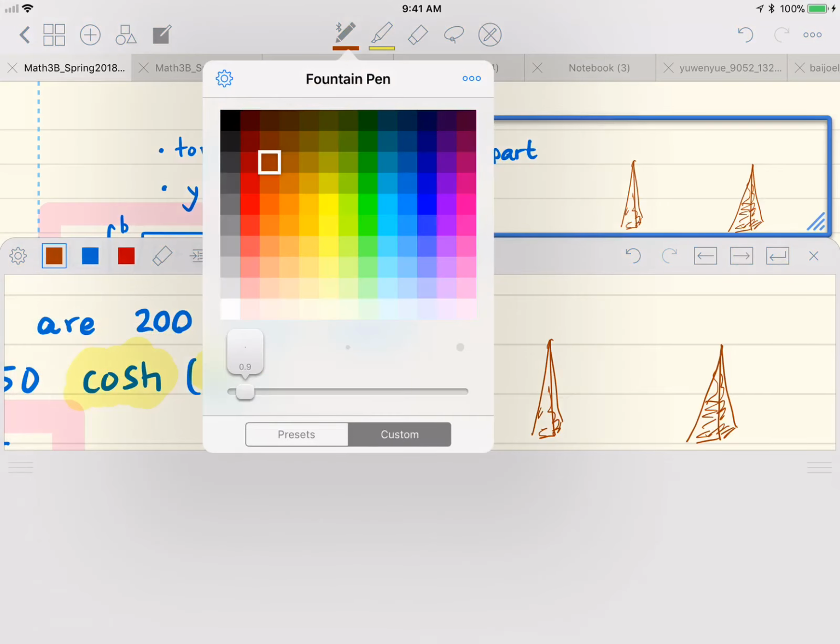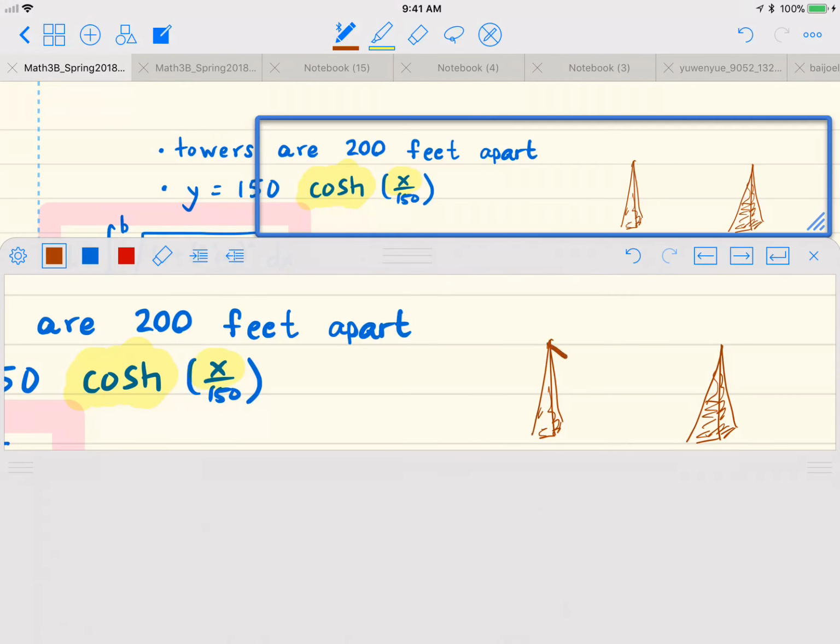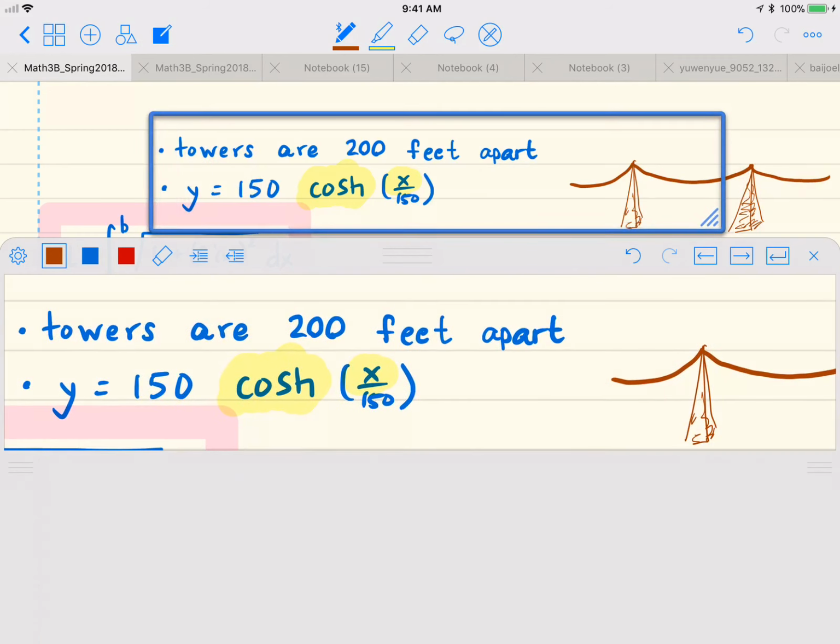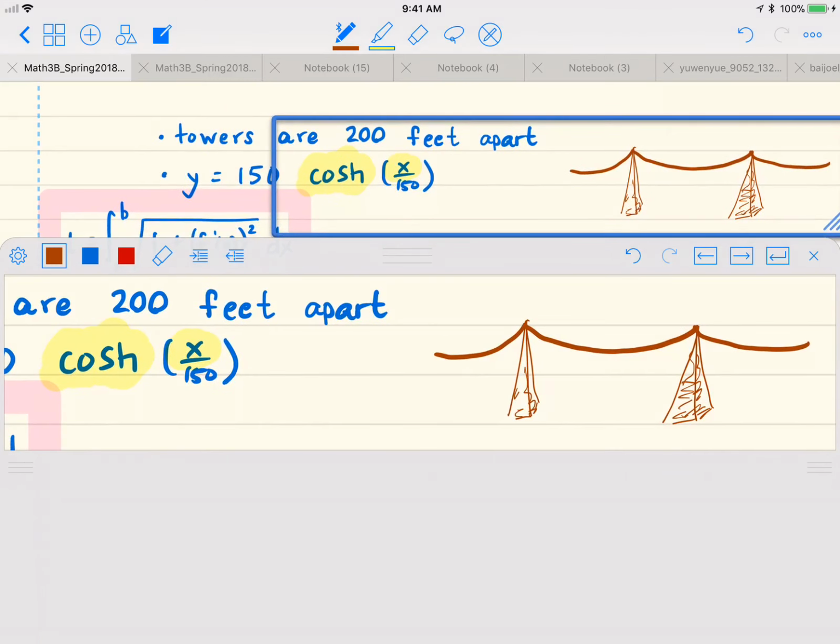So this gives us a picture of the cable, and we're saying that y equals 150 cosh of x over 150 is describing this shape right here, okay?